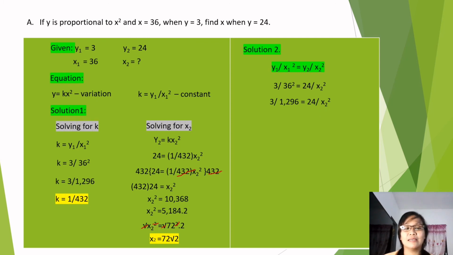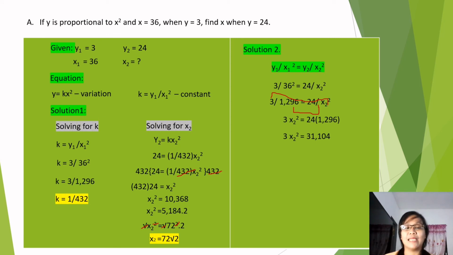Then next, cross product, 1,296 times 24 and 3 times x sub 2 squared. So we have 3x sub 2 squared is equal to 24 times 1,296. So we have now 3x sub 2 squared is equal to 31,104.